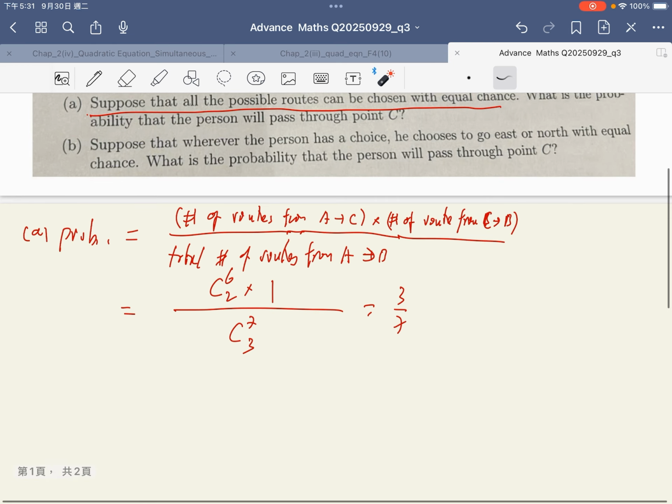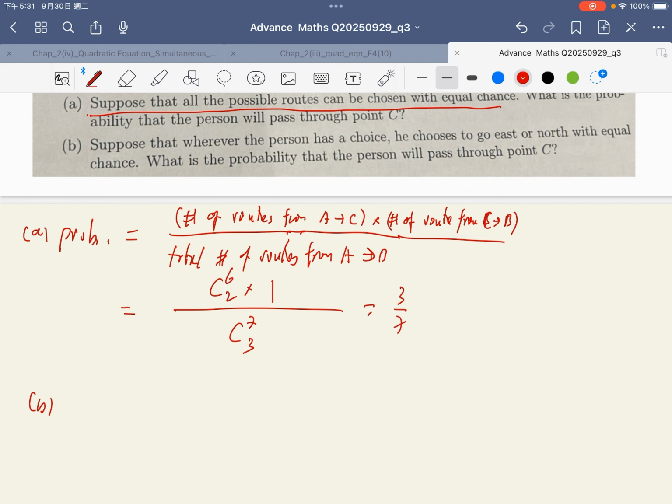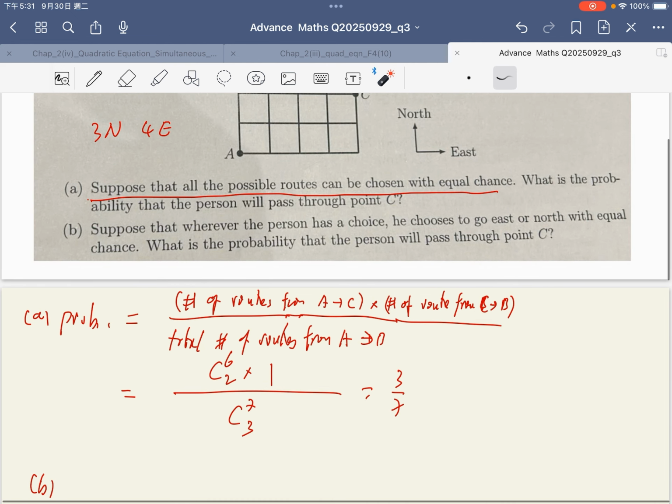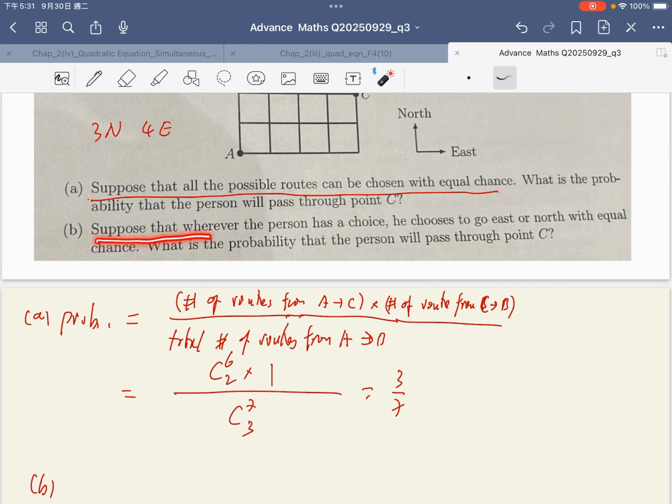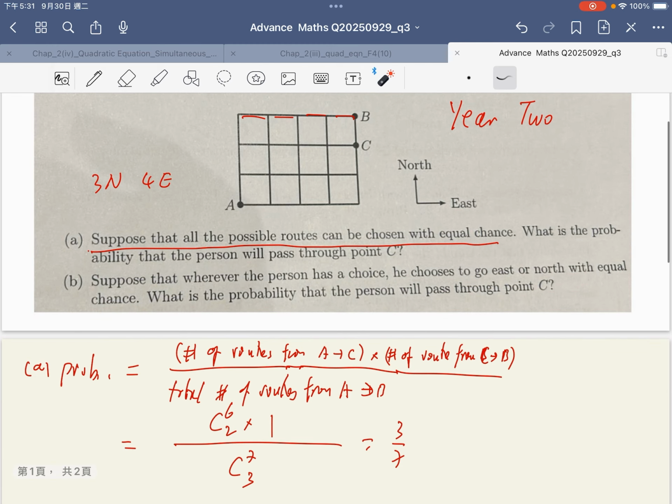And for part B, there may be a difference. Suppose that whenever the person has a chance, he chooses to go east or north with equal chance. That is, if he stands here and goes north, that's 1 over 2, and going east is 1 over 2. If he stands here, he has to go north, then the chance is 1.